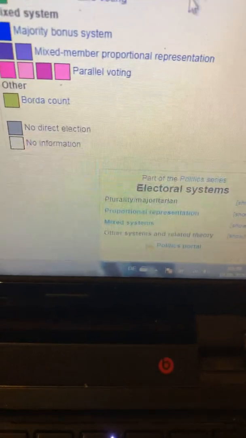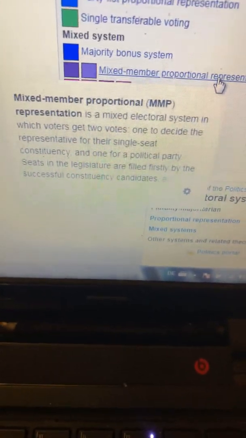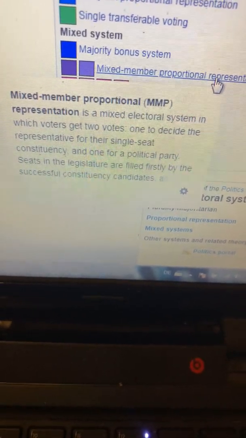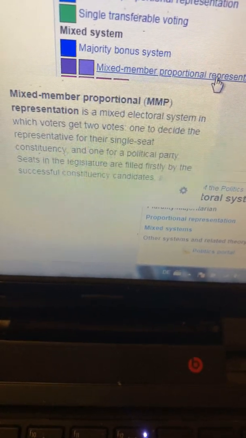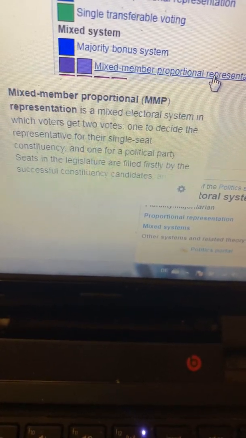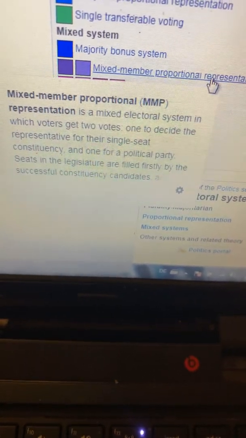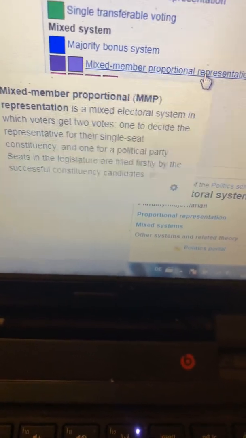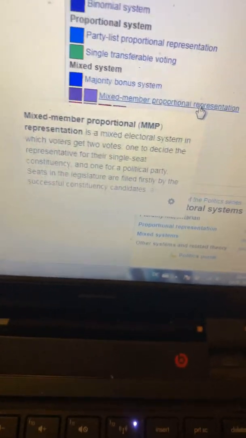Mixed member proportional representation, MMP, is a mixed electoral system in which voters get two votes, one to decide the representative of their single seat constituency, and one for a political party. Seats in the legislature are filled firstly by the successful constituency candidates, like in Germany.